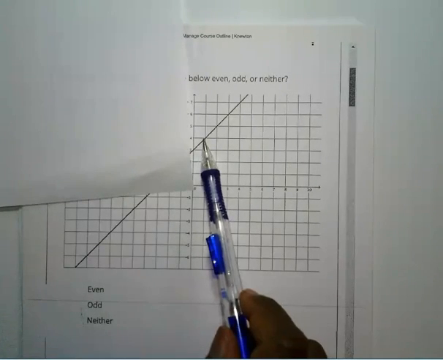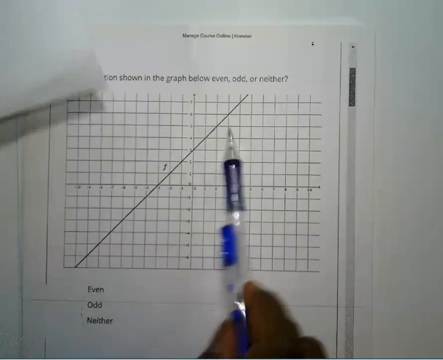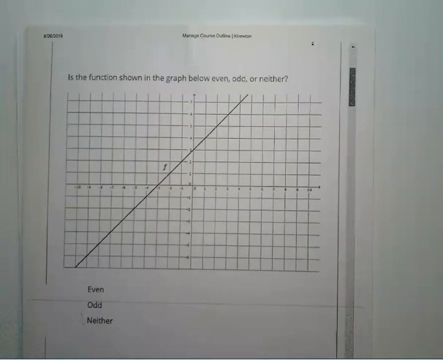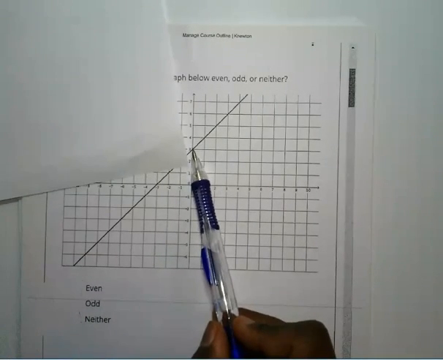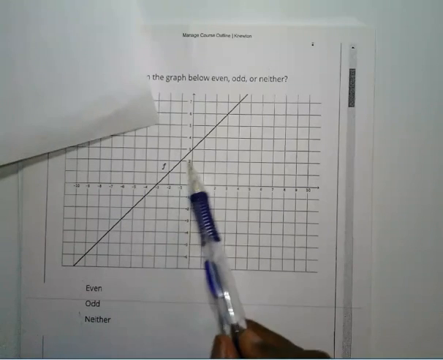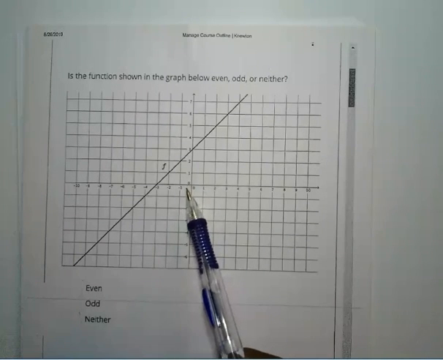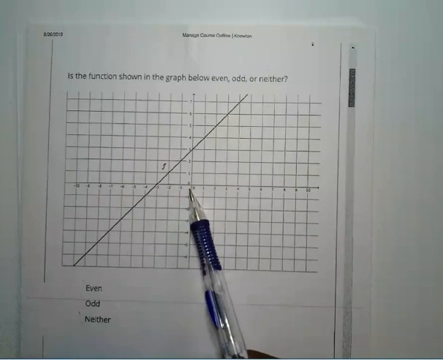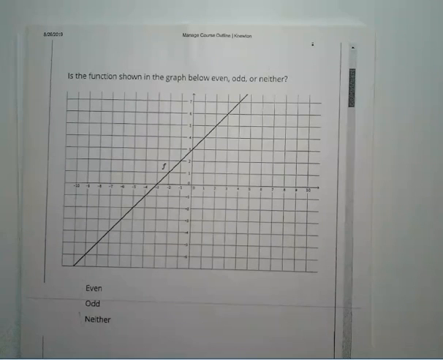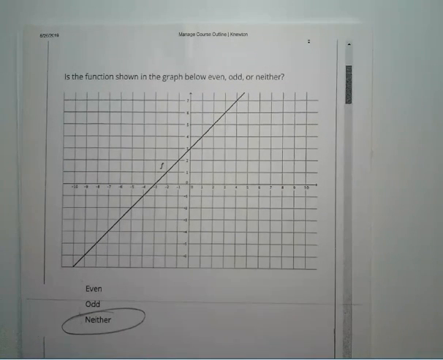You can see here that it's not just a mirror image over the y-axis, so it's not an even function. Plus, if you flip this over and then flip it back, it's not going through the origin. It has to go through the origin in order to be symmetric about the origin. So it's not an odd function either. So this one actually falls under the neither category.